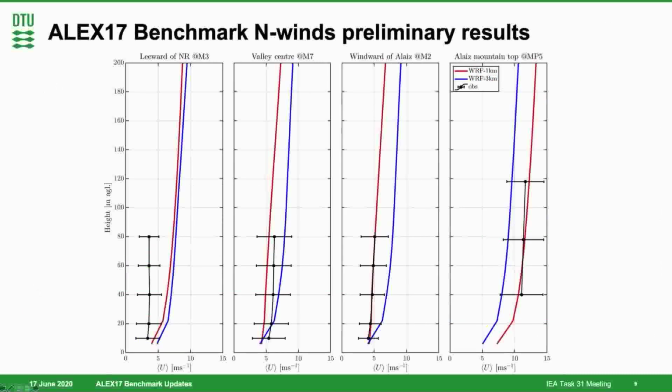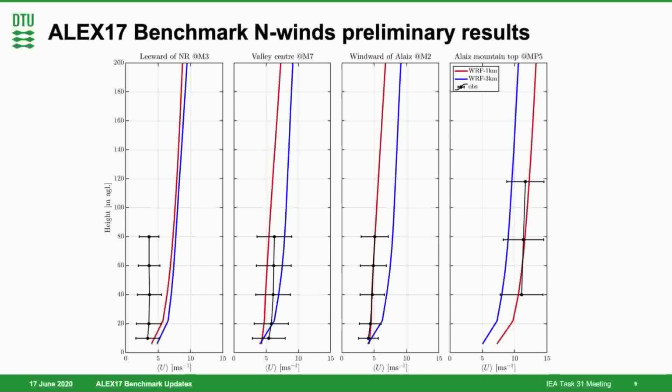Talking about the preliminary results that we saw in the previous meeting, we had already analyzed some data with the downscaled WRF results, taking the input, that is the WRF 3 kilometer, and comparing it to the 1 kilometer WRF.